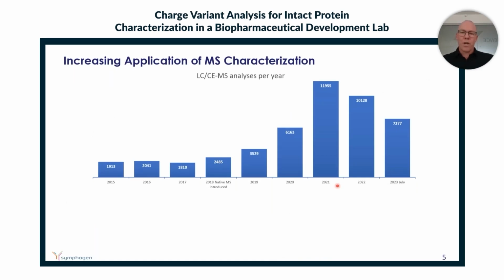This slide shows the number of MS analyses that we have been doing per year. And in 2018, we introduced native MS, primarily size exclusion MS, but also charge variant separation using cation exchange chromatography.